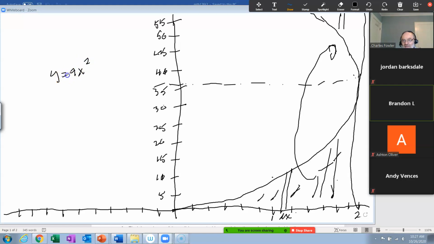Okay, so that's going to be the inner radius. So the outer radius is just going to be 36 because you're going from here to there. The inner radius is going to be from 36 to this place down here, which is 9x squared. So it's 36 minus 9x squared.